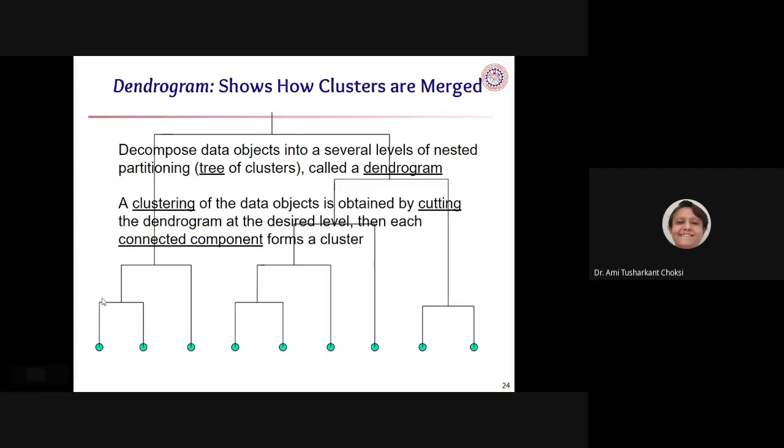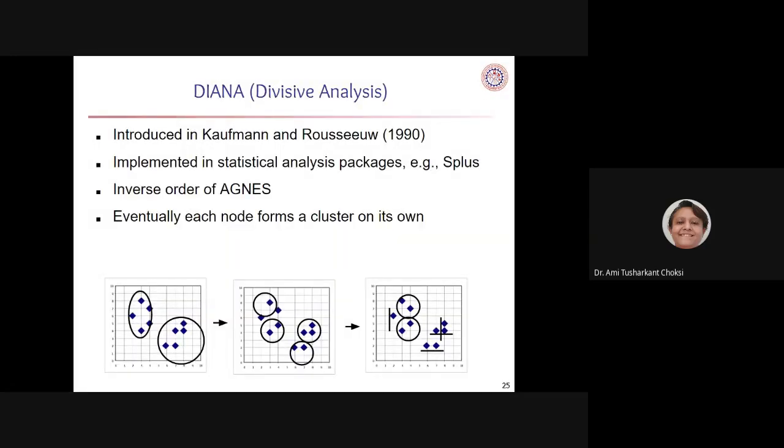This level we can see. This is the level. Then after it is combined and we are able to get this one. Again it is combined and we'll be able to see this level, right? So DIANA, that is the divisive analysis, introduced by Kaufman and Rousseeuw, the same authors, right?